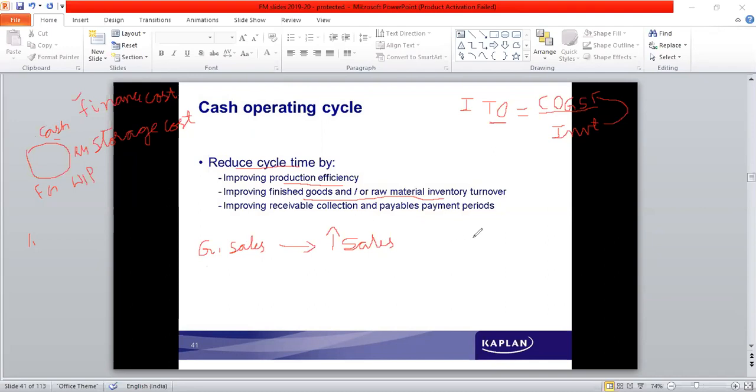On the other hand, credit purchases are those purchases made on credit basis from the supplier.